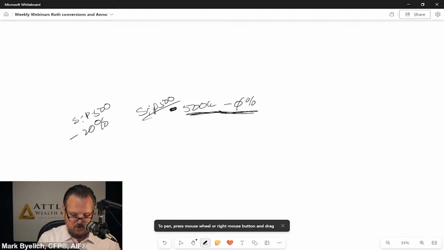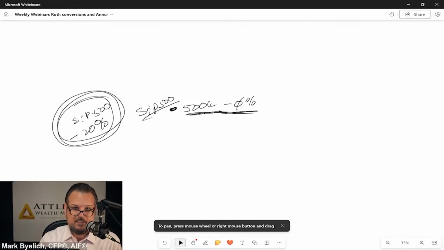So zero, you won't go anywhere below $500,000 unless you have some kind of fee associated with your annuity. But you might have other investments that are significantly down.